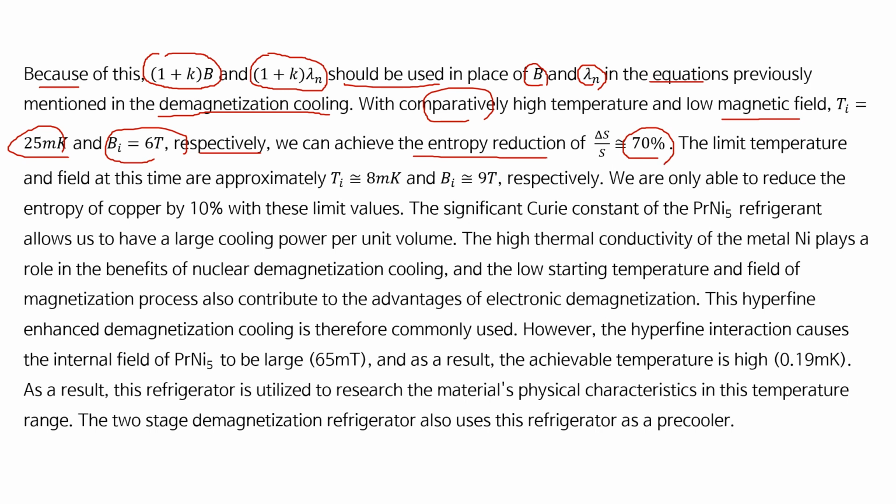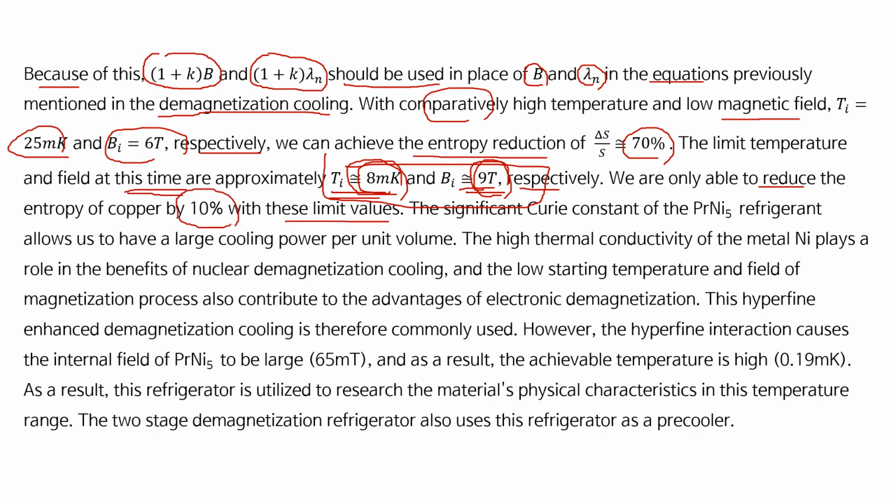The limit temperature and field at this time are approximately 8 millikelvin and 9 Tesla. There is a minimum temperature and a maximum field we can use in the laboratory. Using these values, we are only able to reduce the entropy of copper by 10%.